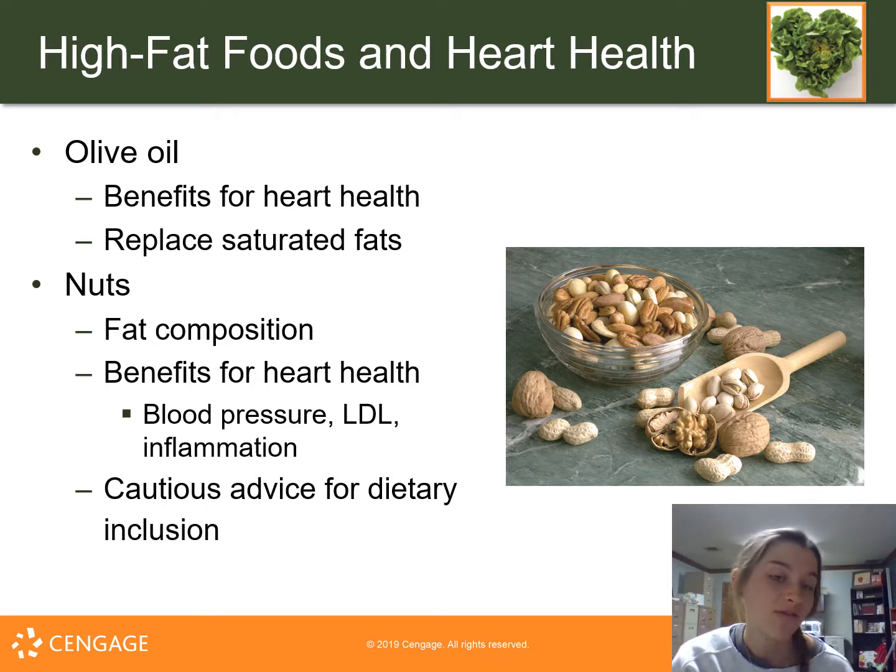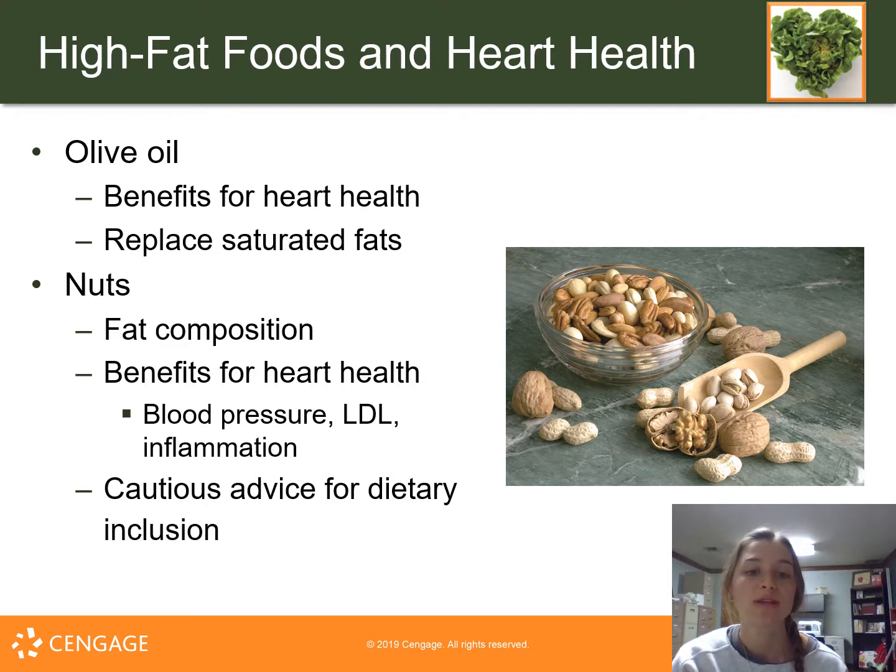There are a lot of benefits for heart health by replacing those saturated fats with unsaturated. The fat composition of nuts can also help make one feel full later in the day, and is good for heart health, lowering your LDL and inflammation, as well as blood pressure.